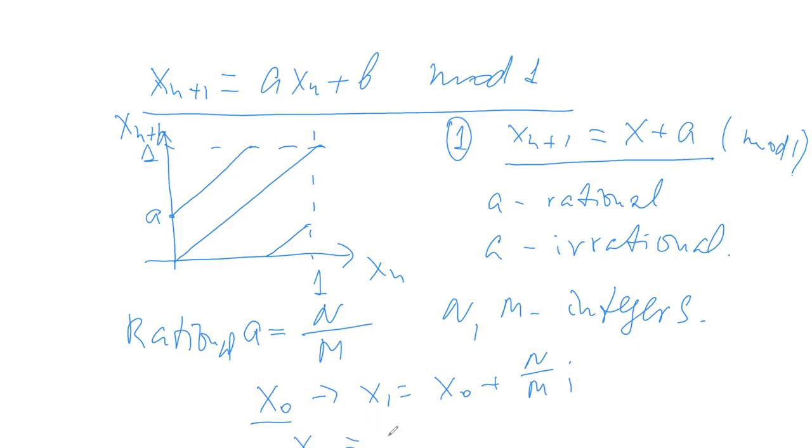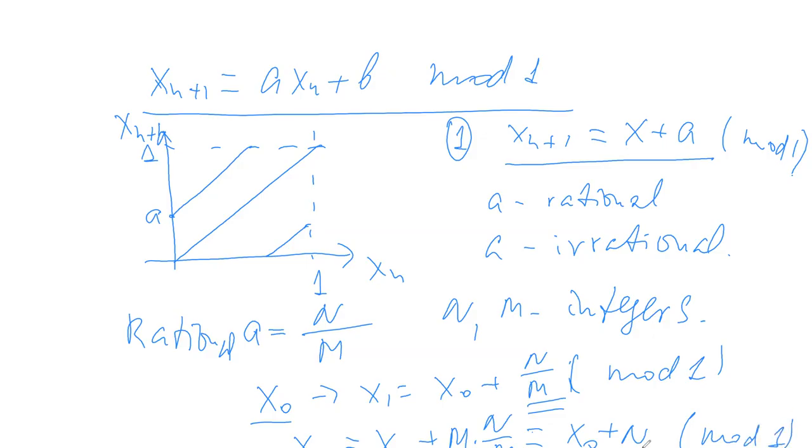X m will be equal to, this is mod 1, I keep forgetting it, x naught plus this term m times, because every next time we add this term. So to get to x m, we added this term m times, which should be equal to x naught plus n. And if we consider mod 1, n disappears, because n is an integer and mod 1 means take out all integers.